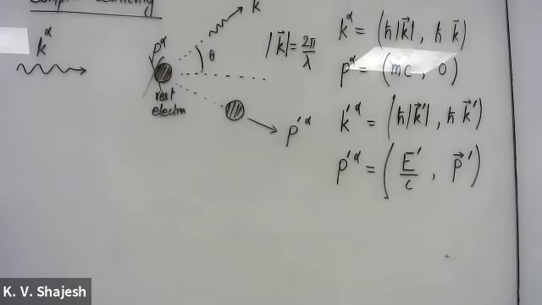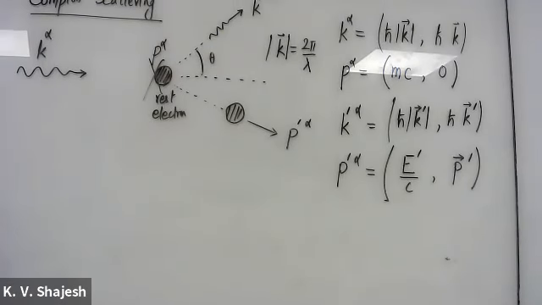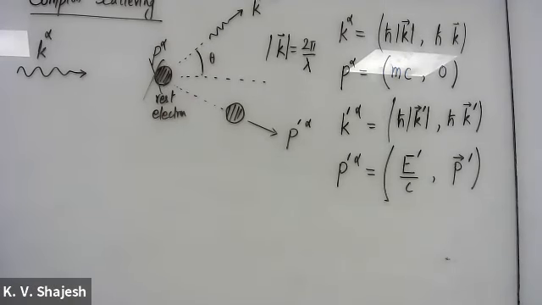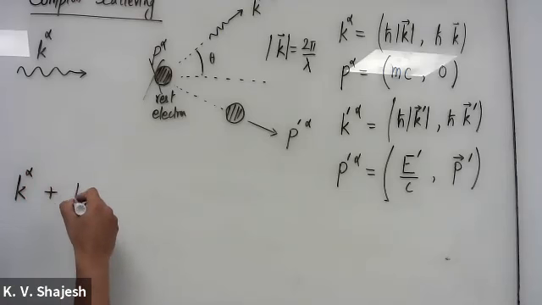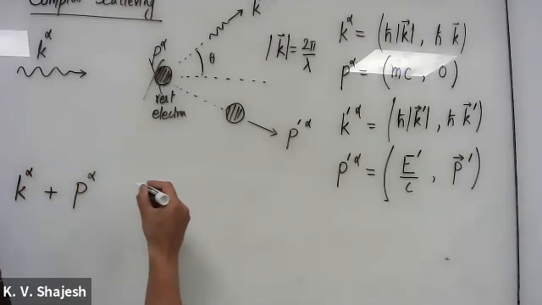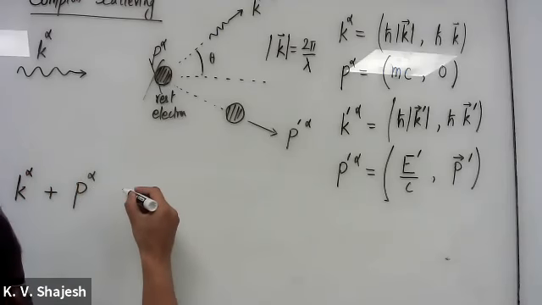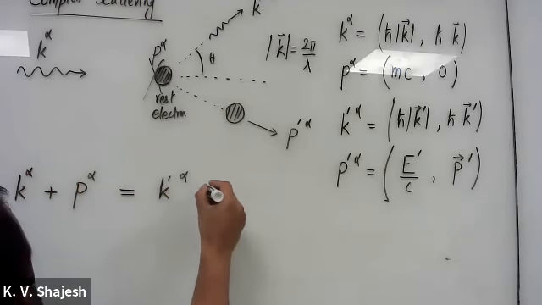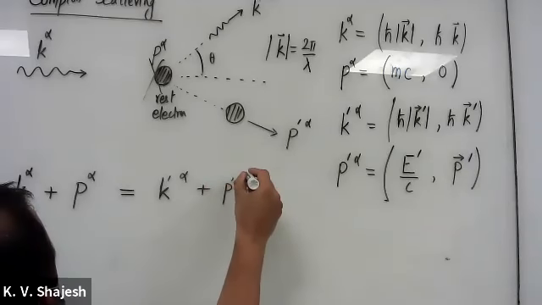We will actually put one particle on the right and rest everything to the left. So energy and momentum is conserved. So we have K alpha plus P alpha is equal to K prime alpha plus P prime alpha.